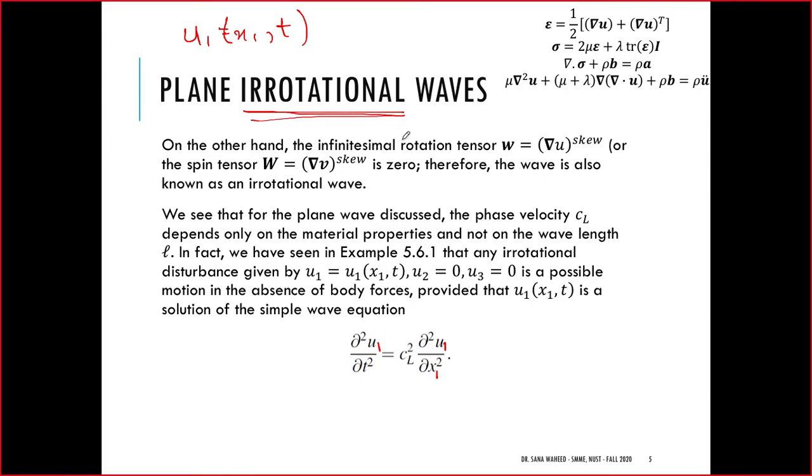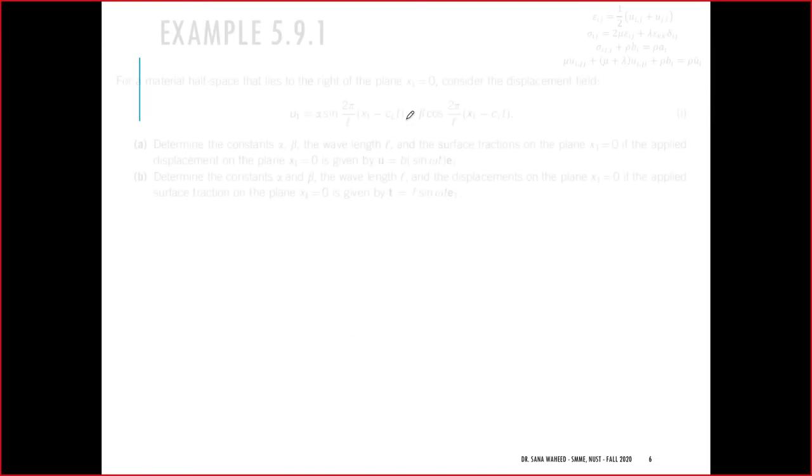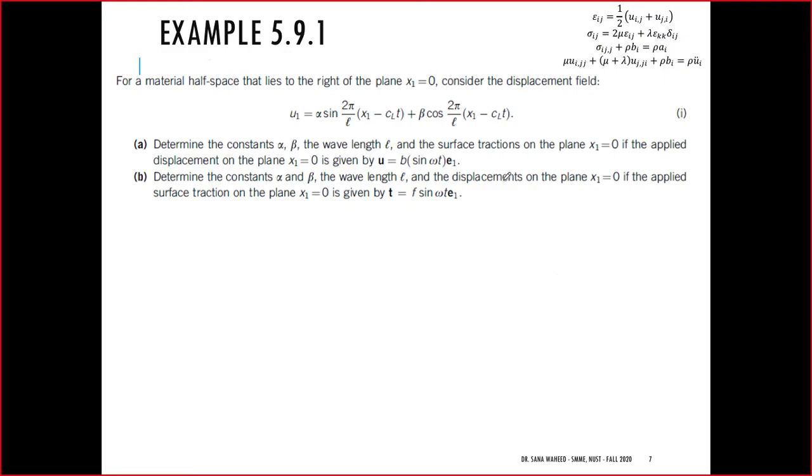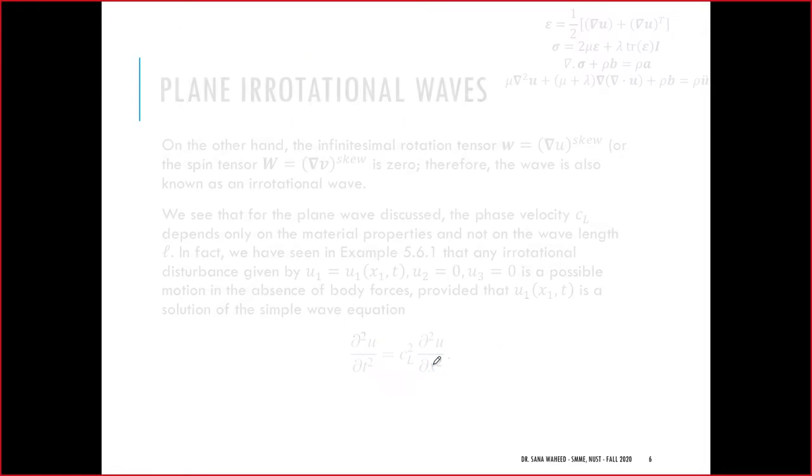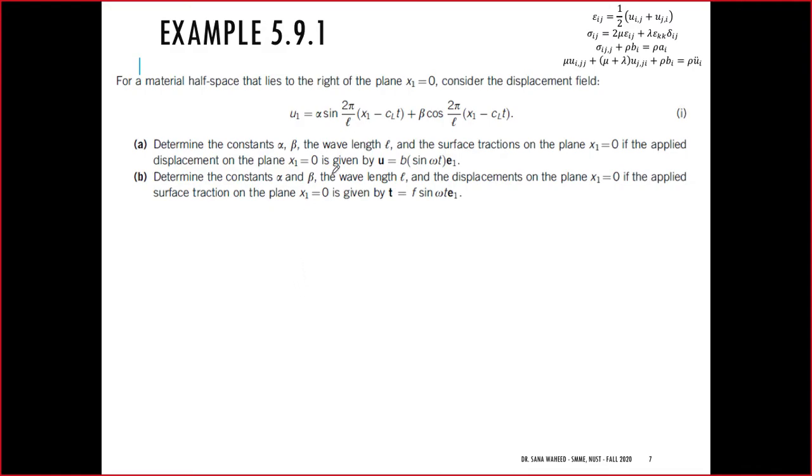Now we had just looked at a sinusoidal wave, but I'm saying that even other ones, for example, if I look at a combination of a sinusoidal and a cosine wave added together, we will see that even this satisfies our differential equation right here, this one, and hence are examples of longitudinal waves, or of irrotational waves, even though they look more complicated.